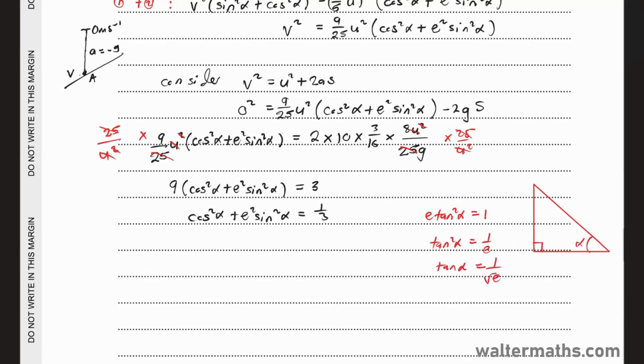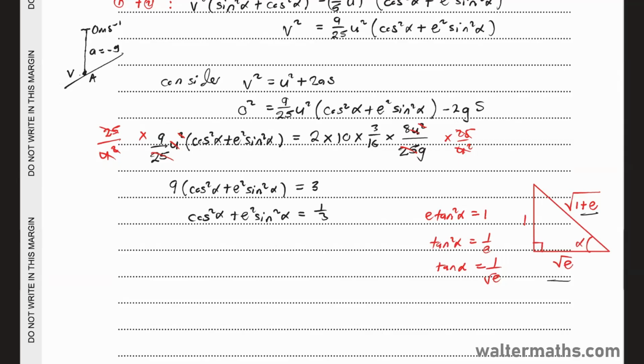So if this is alpha, then the opposite will be 1 and the adjacent will be root e. So the hypotenuse will be the square root of 1 plus e, and that's the hypotenuse.